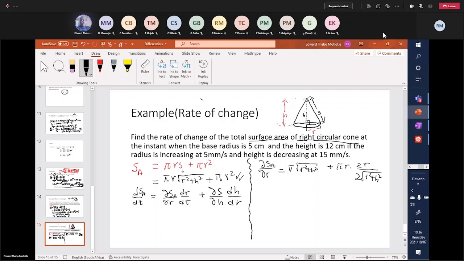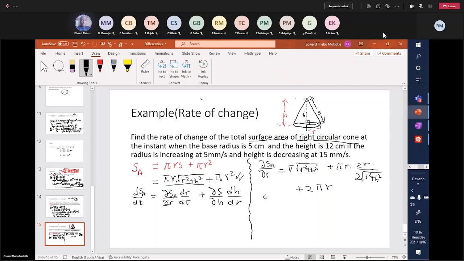I've just differentiated the first term using product rule, since we have two functions there. The last one is going to be plus 2 pi R, and this is for this term only.